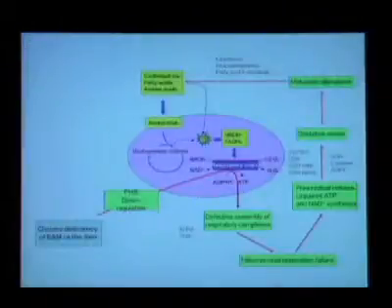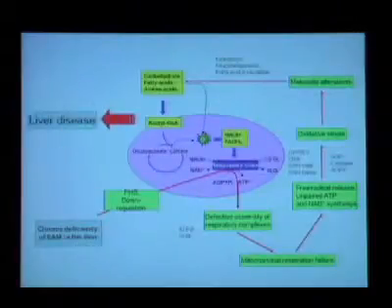So basically what we think is that deficient production of S-adenosylmethionine can lead to PHB downregulation, mitochondrial impairment, oxidative stress, metabolic dysfunction, and then to the onset of a liver disease. So PHB, prohibitin, is playing a pivotal role in all these pathogenic mechanisms.